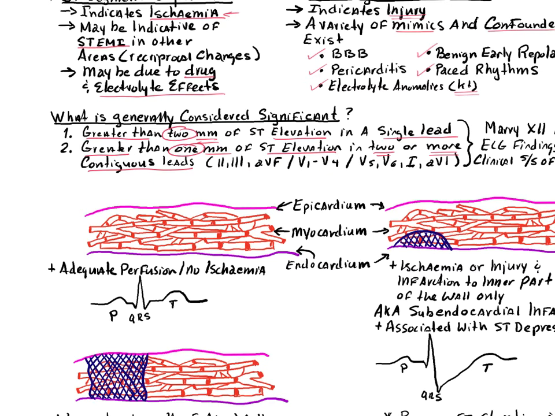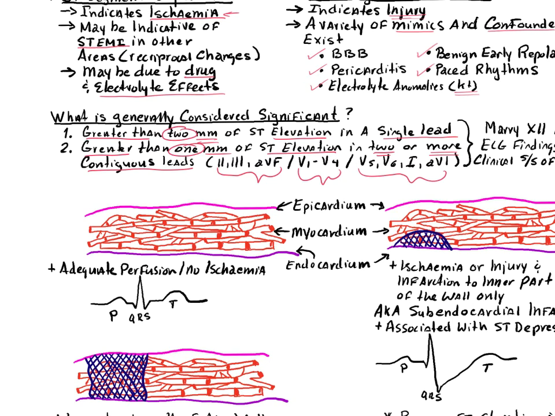And remember, 2, 3, and AVF are contiguous to the inferior wall. V1 through V4 are contiguous to the anterior septal walls. V5, V6, 1, and AVL are contiguous to the lateral wall.